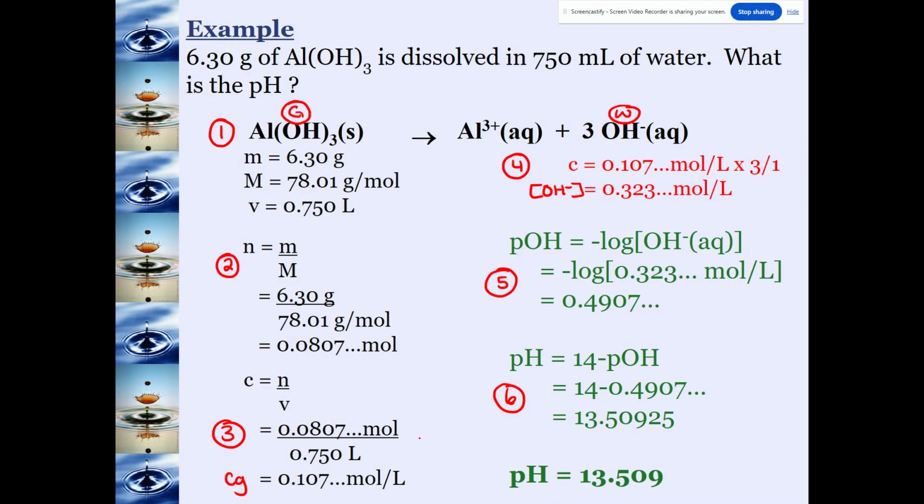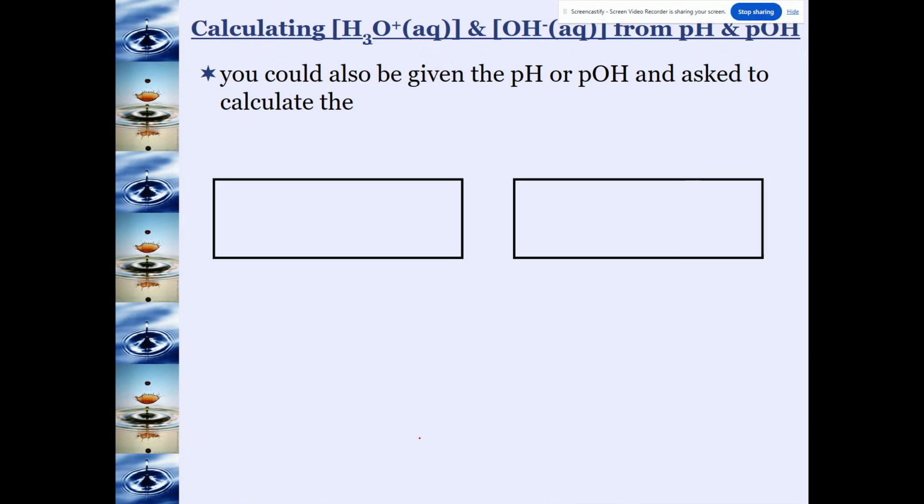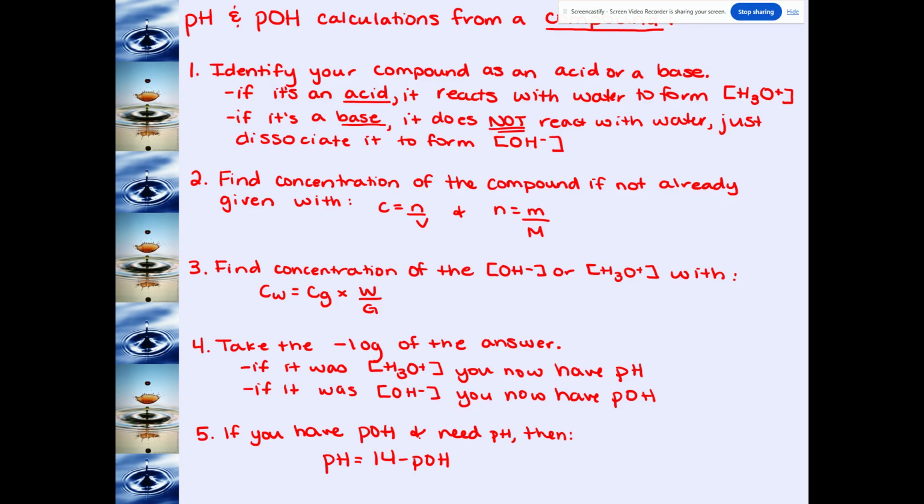Now I do have a summary of the steps here. So if you are doing a pH or pOH calculation from a compound, okay, so you're not directly given the ions, you are given a compound. First, you need to identify if your compound is an acid or a base.